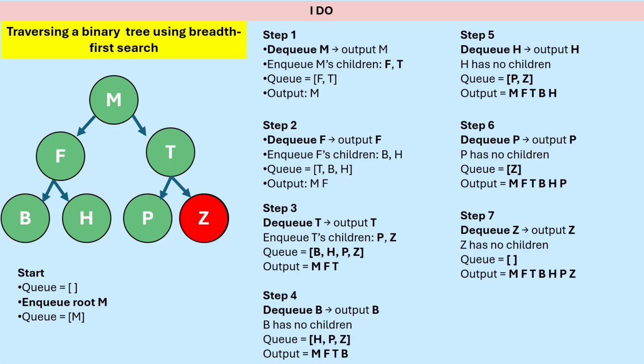We output Z. So finally, once that has finished and our queue is empty, we look at our final breadth first traversal. So we would have M, F, T, B, H, P, Z.